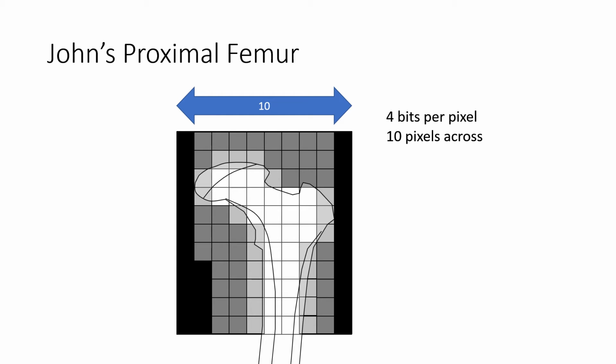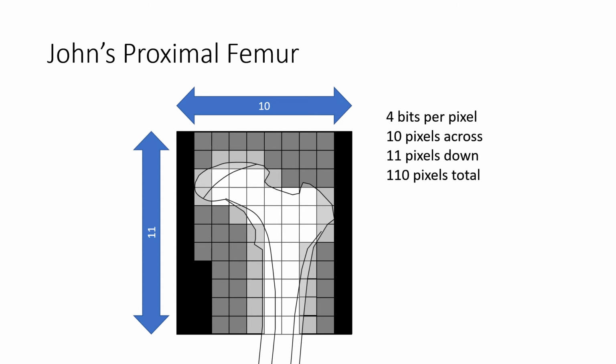Plate dimensions, 10 across, 11 pixels down, for a total of 110 pixels. Here's what the plate looks like without the overlay of the bone.